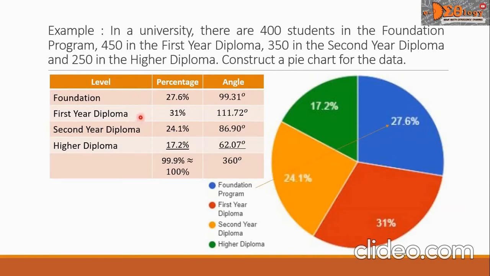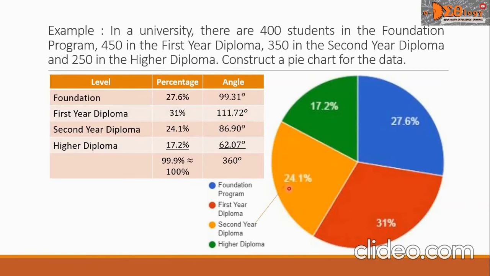The next level is for first year diploma, which is 31%. And here is the 31% in red-orange color. And the central angle here is estimated to be 111.72 degrees. The third item is second year diploma with 24.1%.